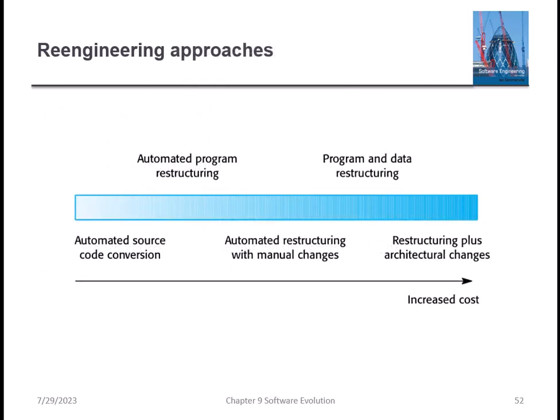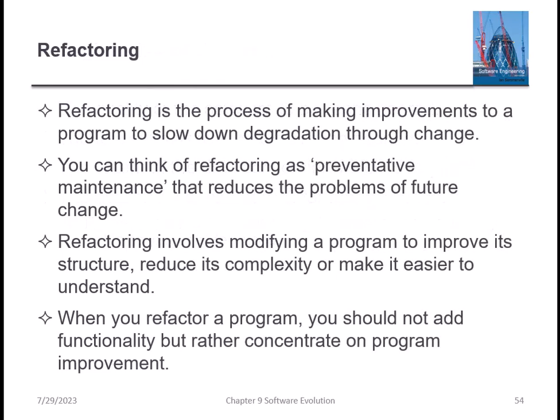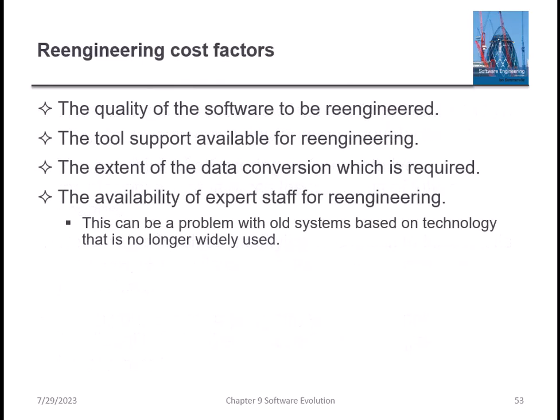The cost increases when we proceed to automated source code conversion and automatic program restructuring. So whenever we proceed in re-engineering, the cost increases. These are the re-engineering cost factors you can see, and it depends mostly on the quality of the software, tool support, and the experience of the staff.